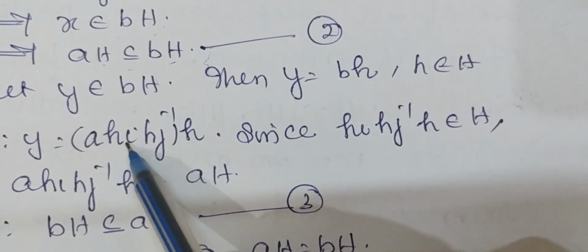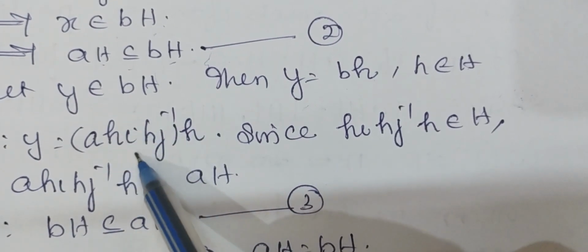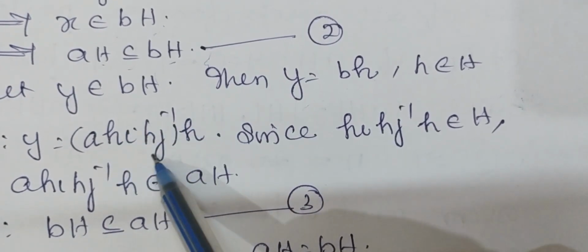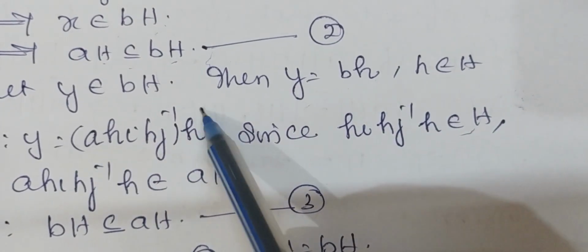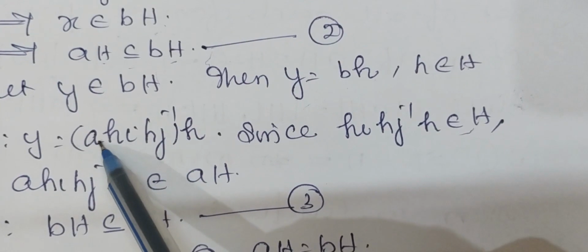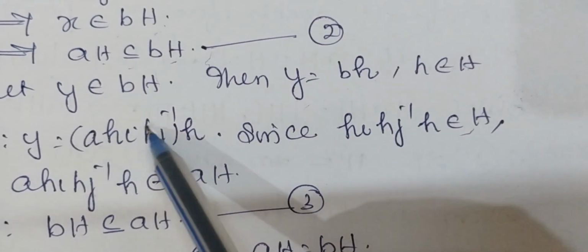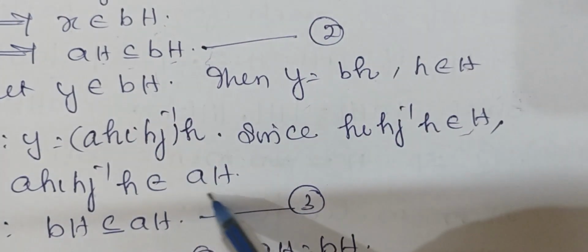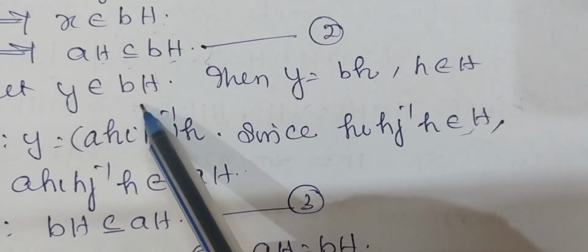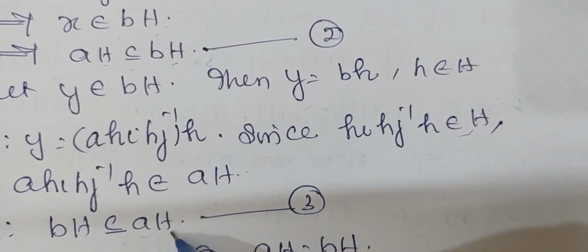Now h_i, h_j inverse and this h, all these three elements and their product belong to H. That means y is of the form a into some h element. That means ah_i h_j inverse h belongs to aH. So y is taken from bH and belongs to aH, which means bH is contained in aH.